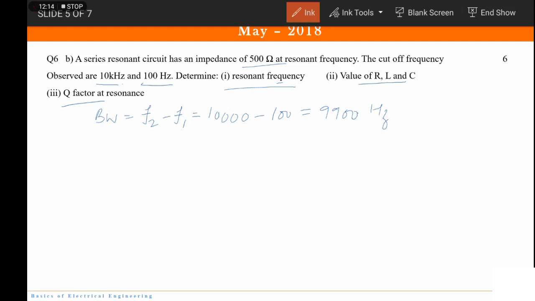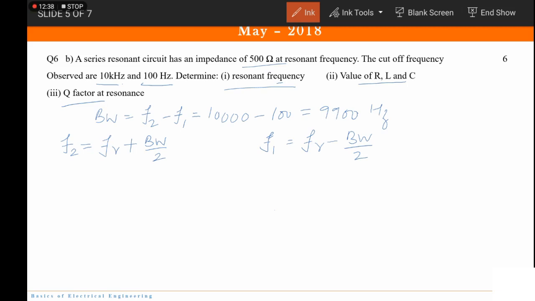Now if we talk about the relationship between higher cutoff frequency, bandwidth and resonant frequency, then the relation is given by: higher cutoff frequency is resonant frequency plus half of bandwidth. Similarly, the lower cutoff frequency is given by the resonant frequency minus bandwidth by 2. Okay, fine.